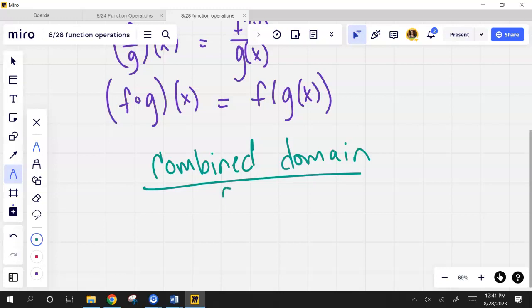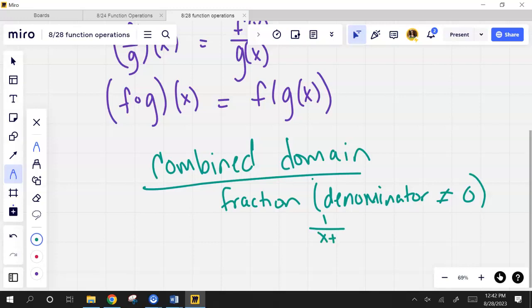Number one, a fraction, because the denominator can't be 0, because that makes it undefined. In other words, if I had the function 1 over x plus 2, x could never be what? Negative 2.